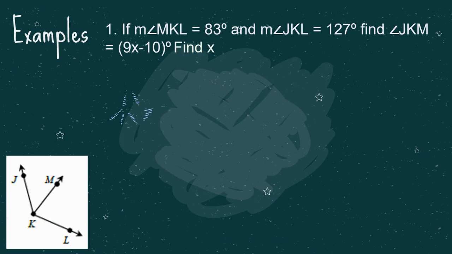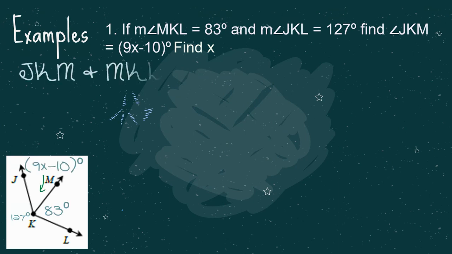Okay, we're going to be using a lot of x's, obviously, like we have in the past. So here's this example. MKL is 83, JKL is 127, and JKM is 9x minus 10. Labeling, plug in what we know.